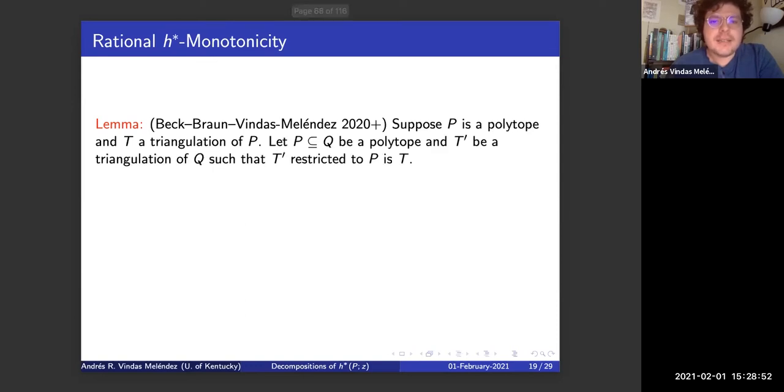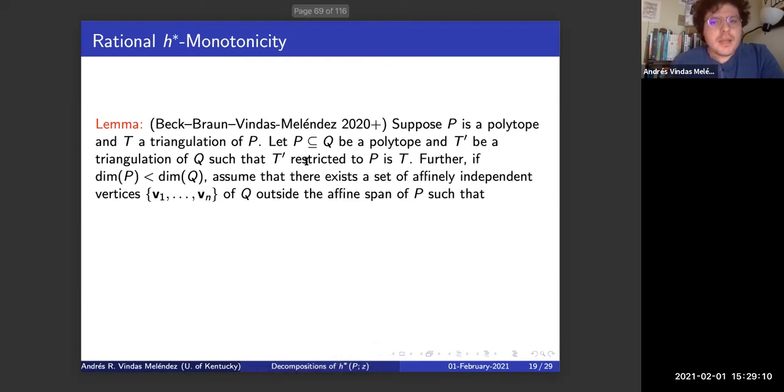So if P again is a polytope and T is a triangulation of P, and P is contained in Q, I'm going to let T prime be the triangulation of Q such that T prime restricted to P is that triangulation of P, okay? One thing that might come to mind is, what if the dimensions don't match? What if P and Q are not the same dimension, so the dimension of P is less than the dimension of Q?